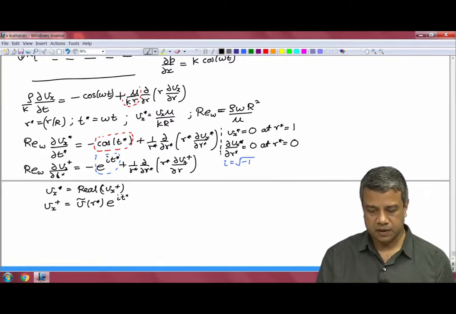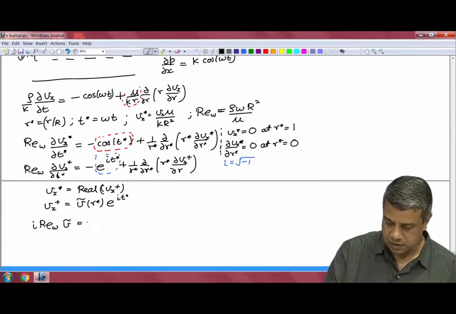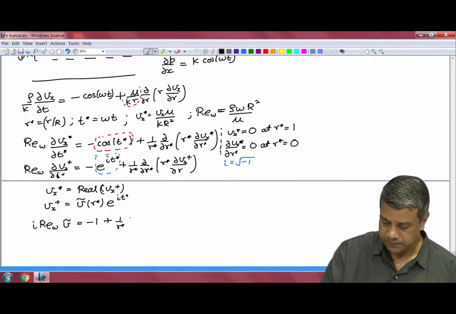And then the equation becomes I Re omega into V tilde is equal to minus 1 plus 1 by r. This is now a total derivative.